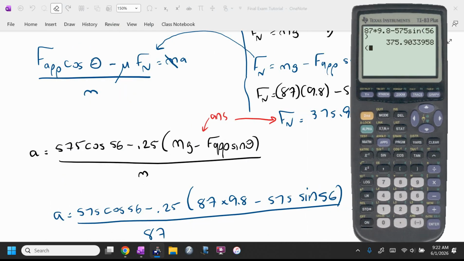It's going to be bracket 575 cos 56, close bracket, minus 0.25 times.